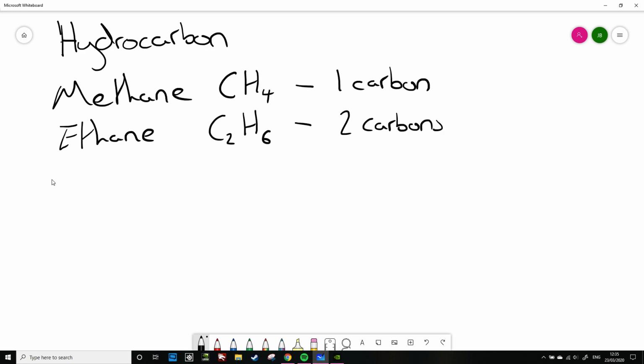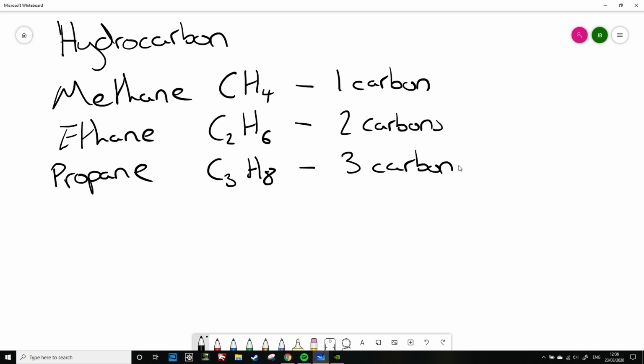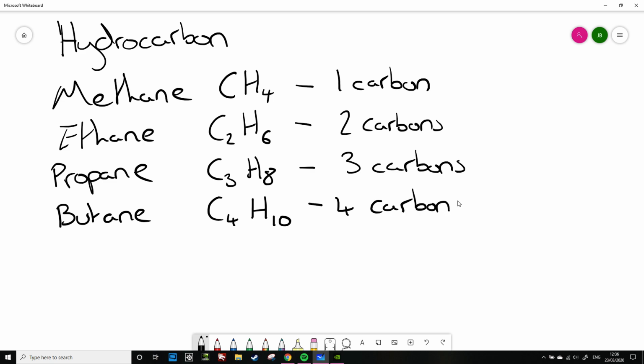And then we have propane, and that is C3H8, 3 carbons. And finally, the last one of the odd naming is butane, and that is C4H10, 4 carbons. Now after this it gets easier to name, it kind of goes with shapes.